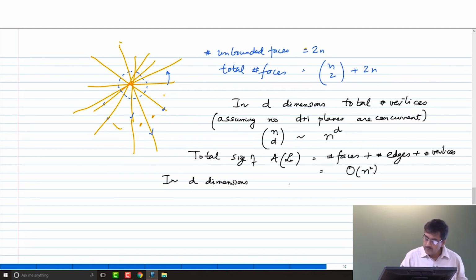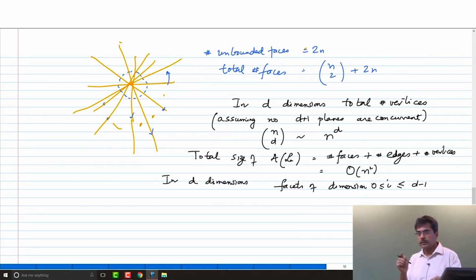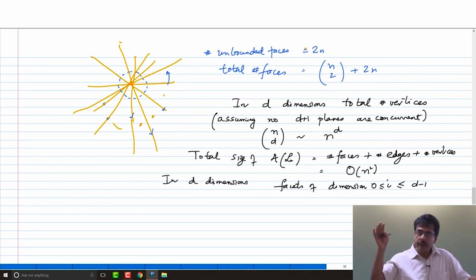So, you have, let us say, facets of dimension i, and i is basically between d minus 1 and 0. So, 0 dimension is a point, a 0 dimensional geometric entity, and d minus 1 dimensional is the actual plane, right. In 2 dimensions, the line is a 1 dimensional structure sitting in 2 dimensions, and there is a point, right, and there are faces.